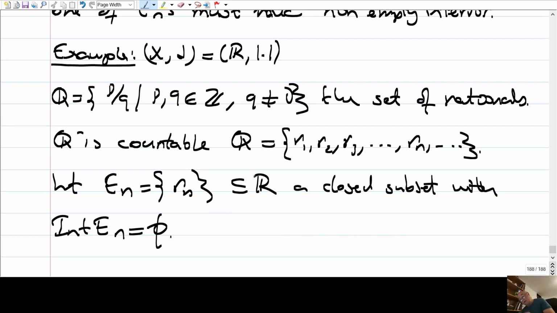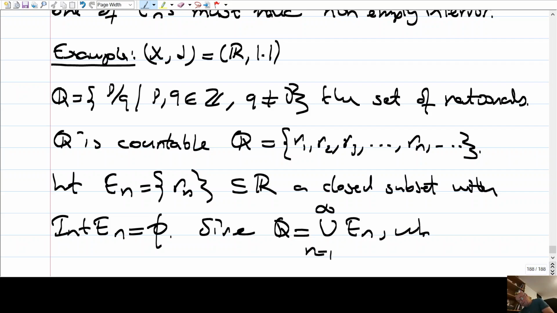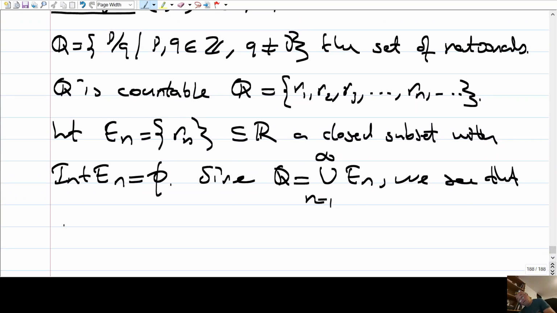And since Q is just the union of these E_n's, n from 1 to infinity, we see that the interior of Q is empty. Of course, we knew this already, right? Q has empty interior, but it's an immediate corollary of this theorem.